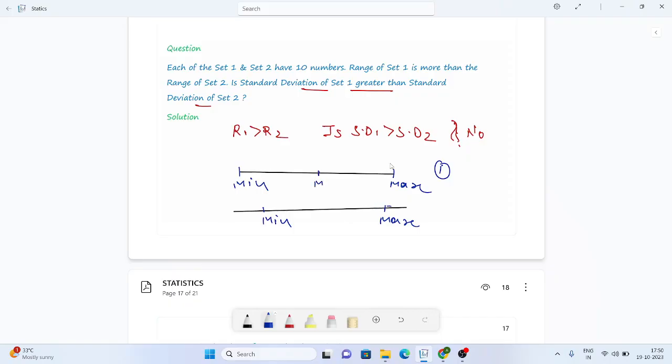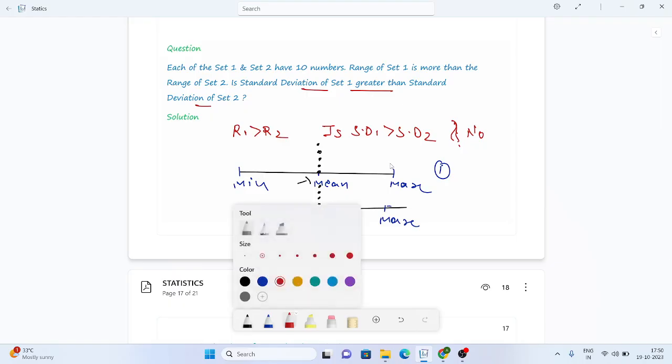Now if I say the mean is this, here the mean is this. Now if in set 1 all the remaining 8 values come on the mean, right, so all the 8 values come onto this mean.